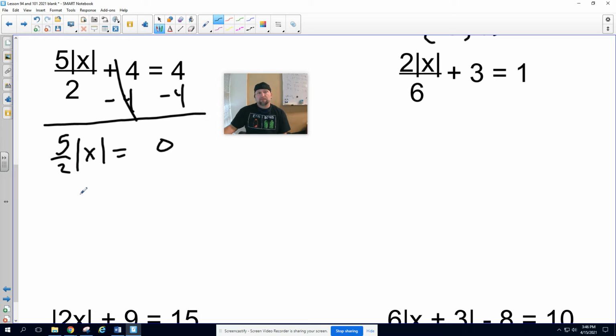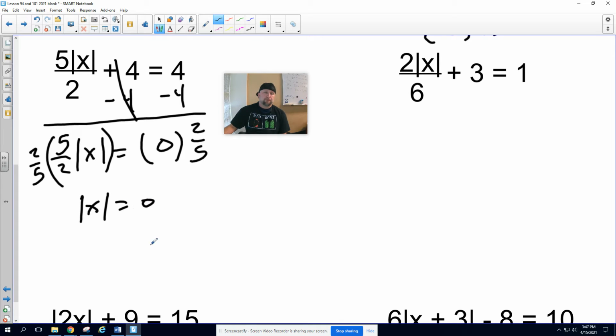Well, in this case, we know that multiplying both sides by 2 over 5 will cancel out. So multiply by 2 over 5, and we're left with the absolute value of x equals 0, and so x equals 0. Since there's not two numbers, normally I would just leave it as x equals 0. I wouldn't worry about writing it out using set notation.